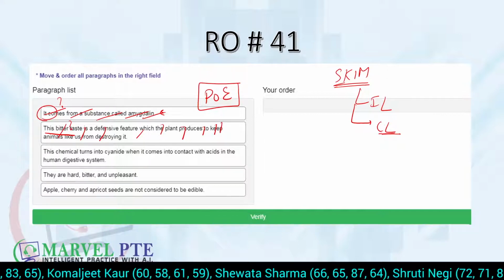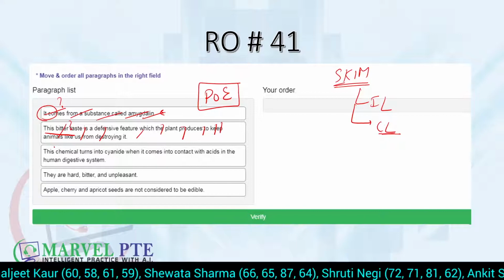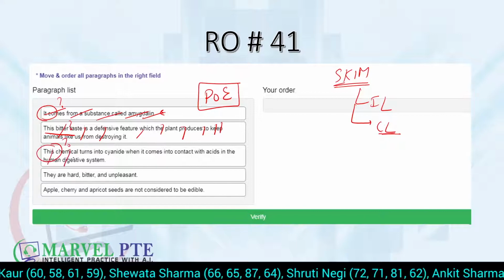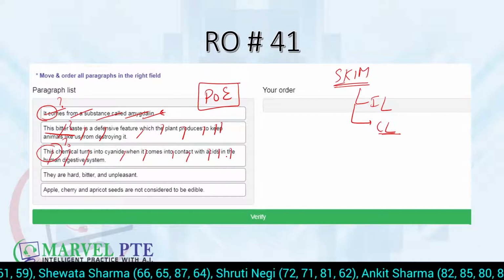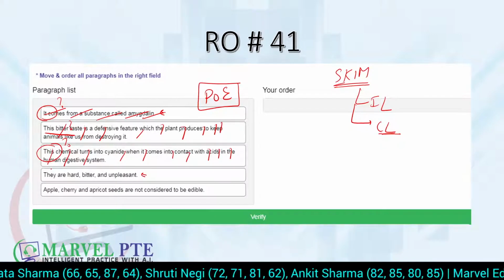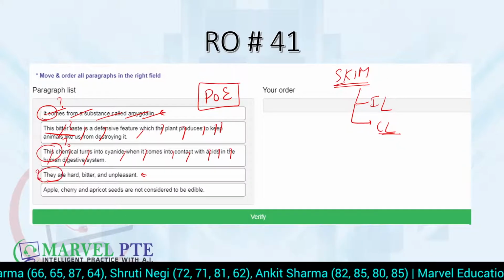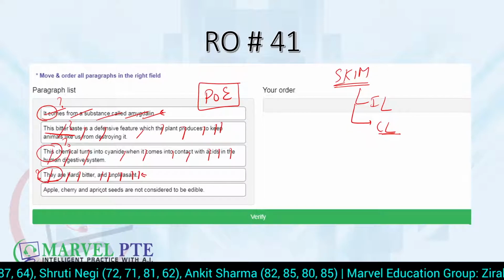It cannot be your independent line. This chemical turns into which chemical? I don't know. So it cannot be your independent line also. They are hard, bitter and unpleasant. Who is hard? The pronoun is they. So that's why it cannot be your independent line.